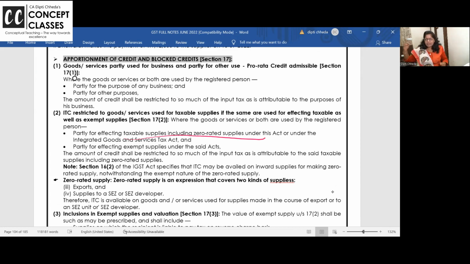Partly your output is taxable, partly zero rated, you can take credit. And partly for exempted, the amount of credit shall be restricted to taxable supplies, including zero rated supply. But you can't take ITC on supply of goods or services which are used for exempted supplies output.